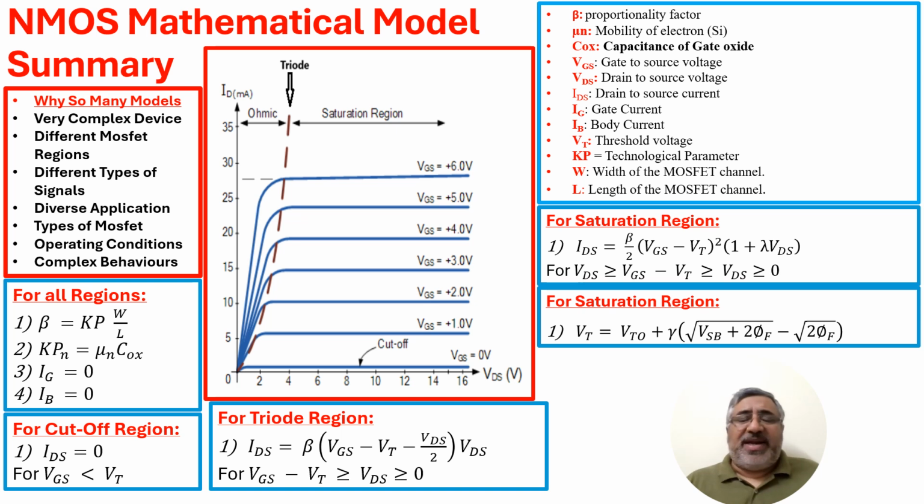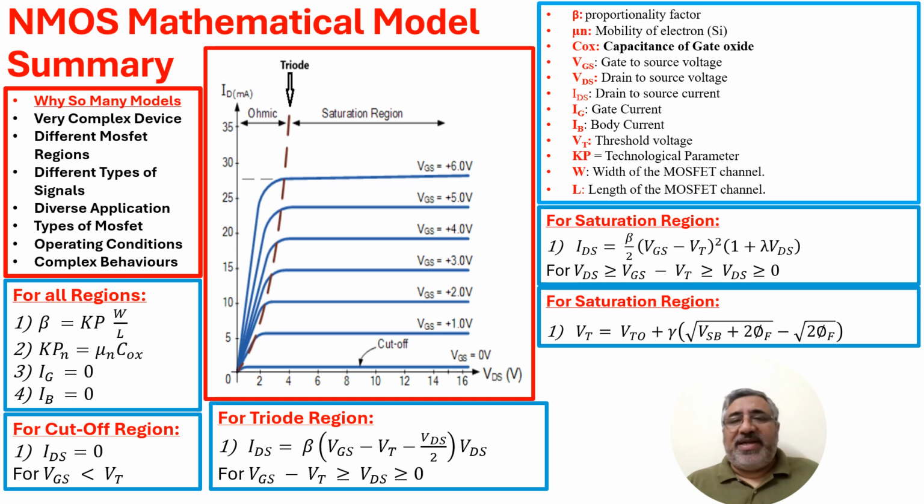Higher electron mobility leads to better conduction characteristics, while a large oxide capacitance enhances the gate control over the channel, allowing for improved switching speed and overall device efficiency. Understanding Kp is very crucial for designing and optimizing the N-channel MOSFET in various electronic applications, particularly in high speed and high performance electronic circuits.